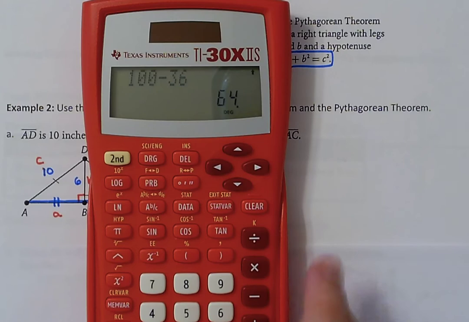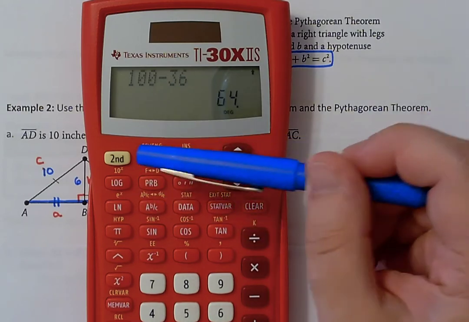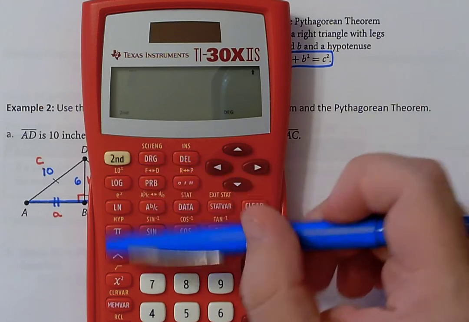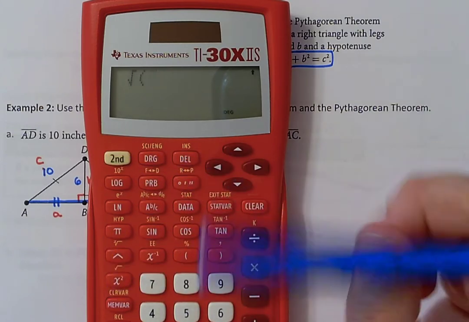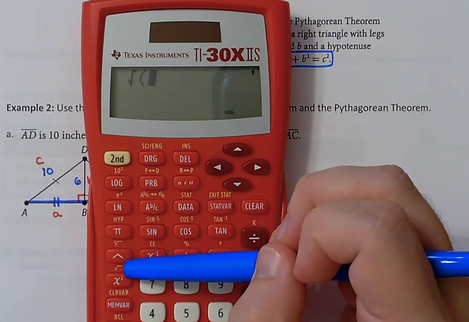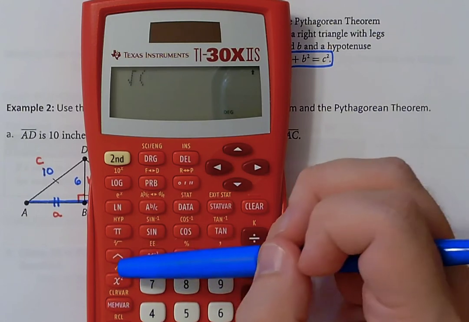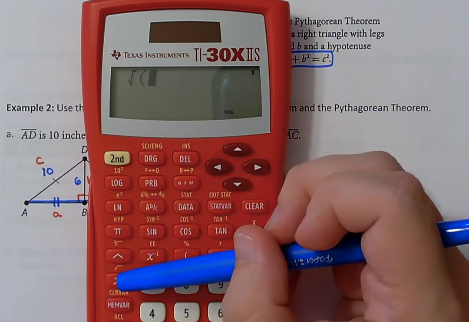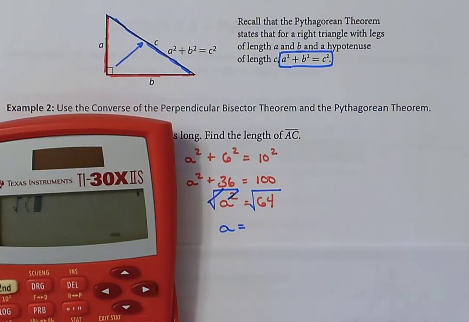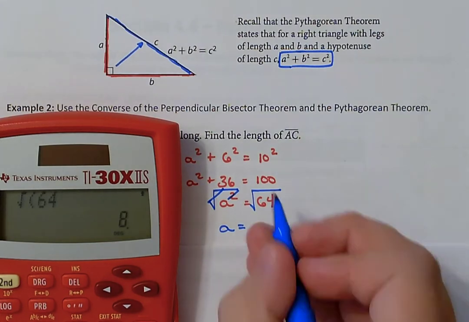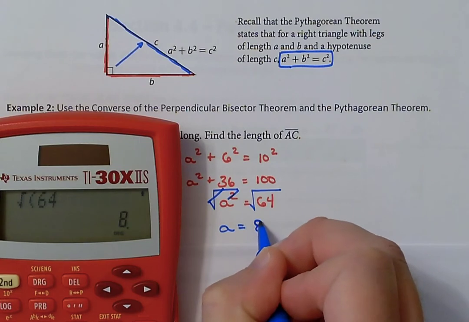To do the square root on a TI-30, we hit second and then x to the power of 2. The reason I hit second is that above the x to the power of 2 is the square root symbol, in yellow, so I need to hit yellow, or second, and then x to the power of 2. We take the square root of 64, and we get 8 for the value of a.